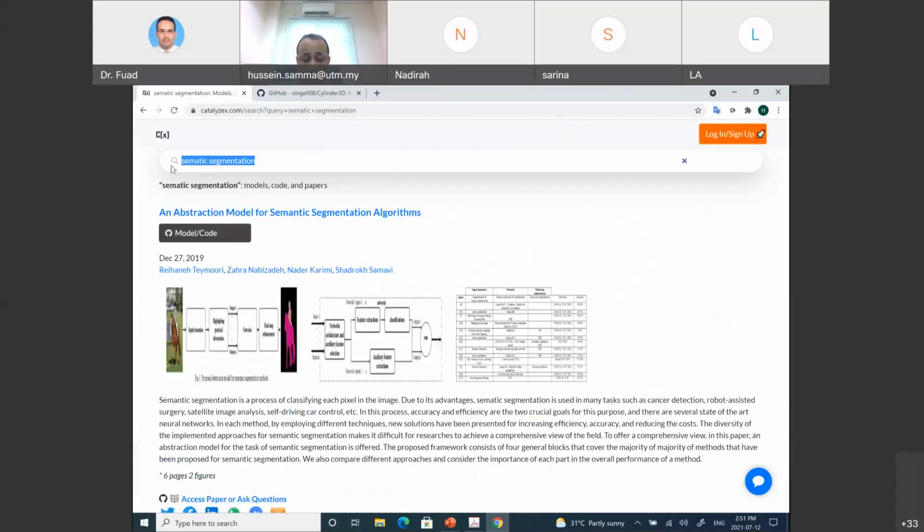For instance, if you are interested in deep learning for medical image segmentation, so here we are keying in, I am looking for deep learning for medical image segmentation. So we look here for all existing approaches. It's still looking.